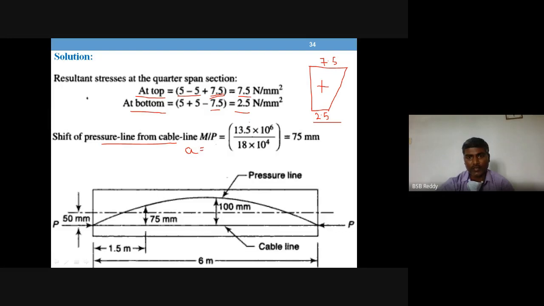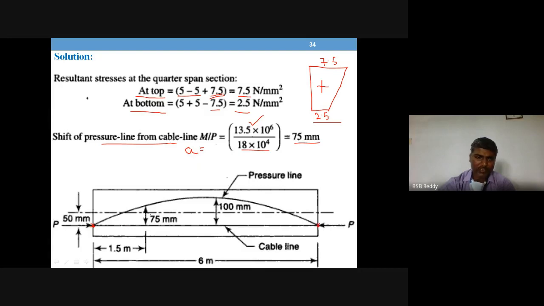Okay. So finding the shift of pressure line from cable line, small a, that is the lever arm, M by P. Bending moment at quarter span is the same, 13.5 into 10 power 6 divided by P, 180 kilonewton, which comes to 75 mm. Now you can see this point where a is 0.